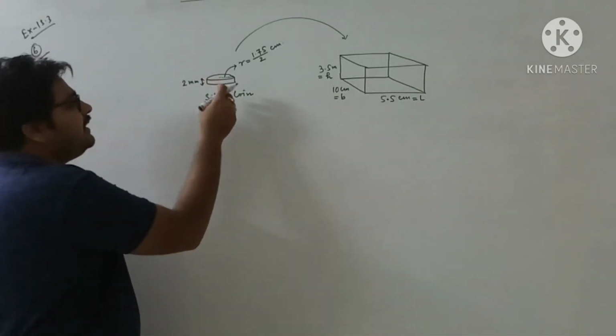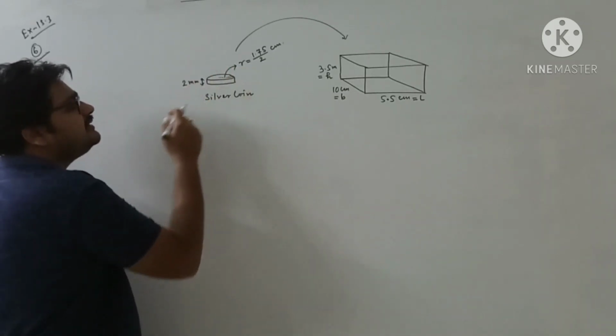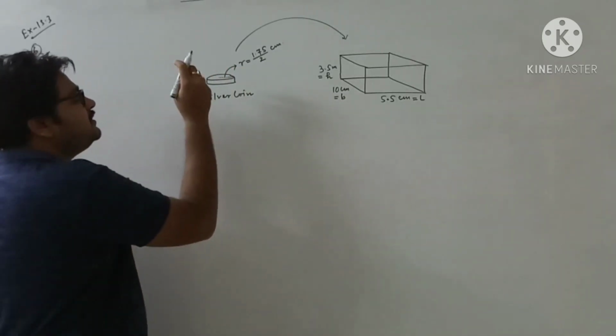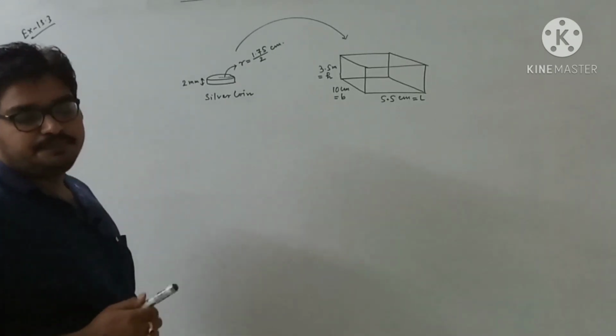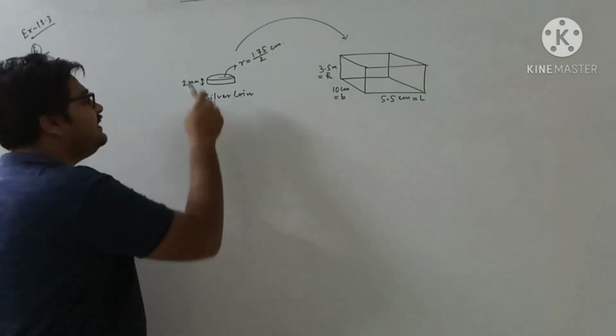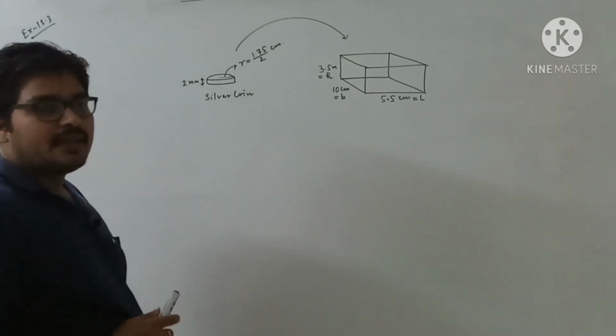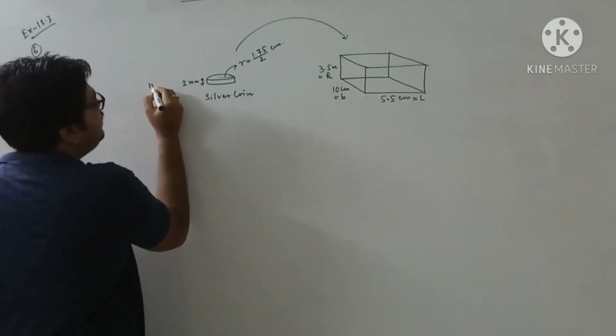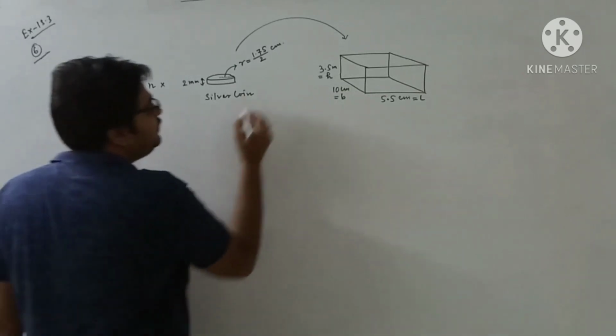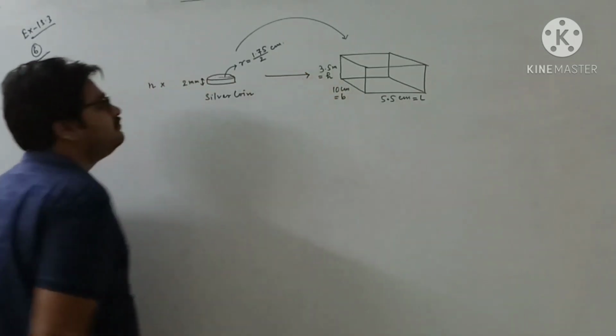By seeing the measurement, the thickness and the radius, you can better understand. Silver coin is actually a cylindrical shape. The thickness of the silver coin is actually the height of the cylinder. Let us say that n number of silver coins should be taken to get this cuboid.